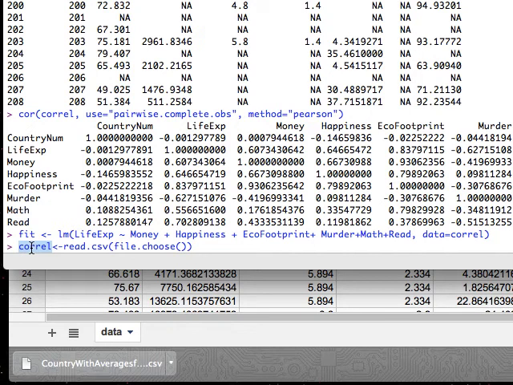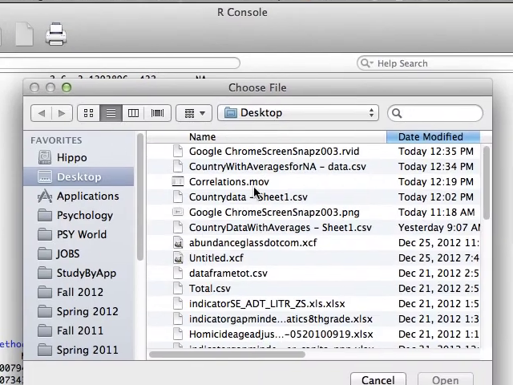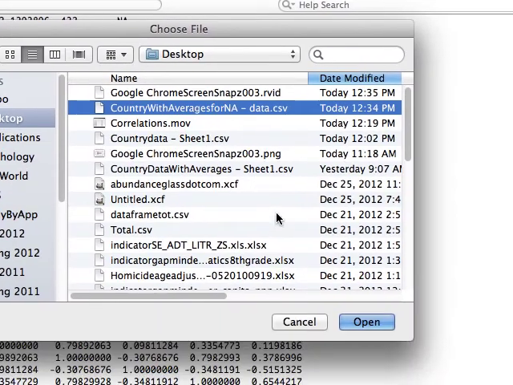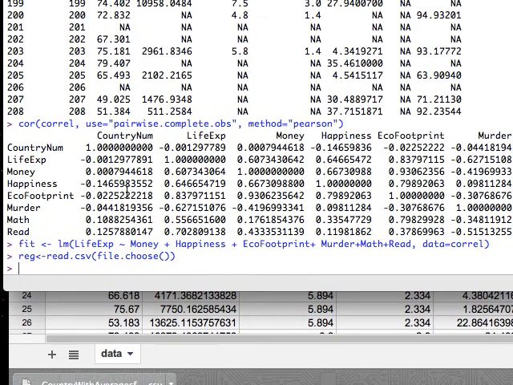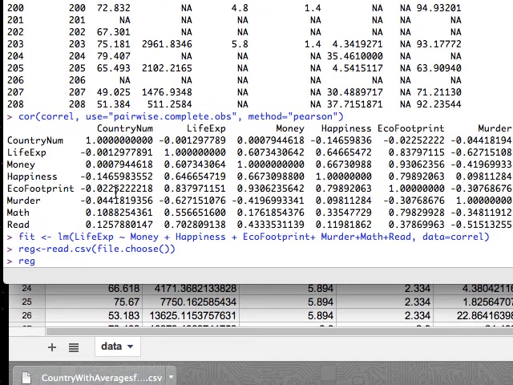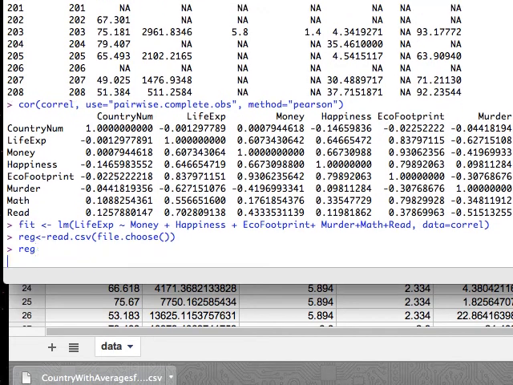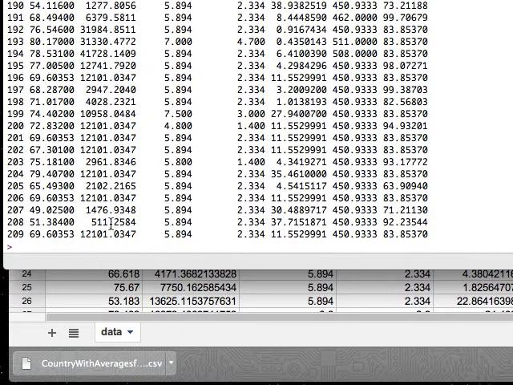Let's call this reg, for regression, and enter in the regression data that we need. Just to make sure that our data is in there, we're going to look at reg, and sure enough, all of that data was imported to R.